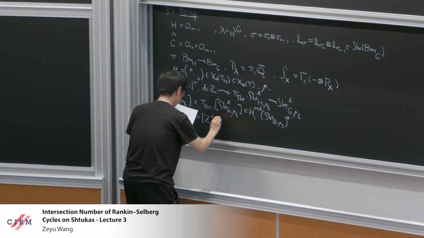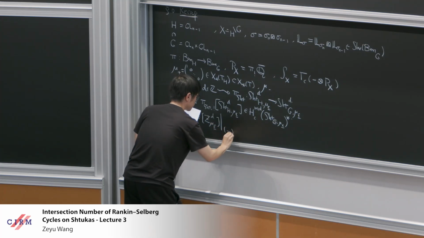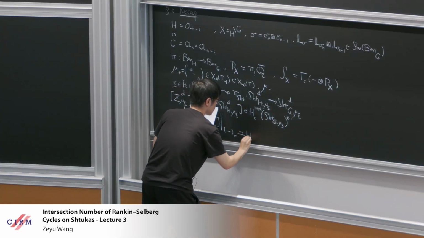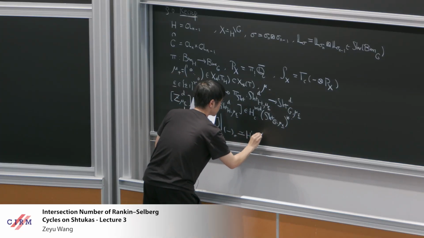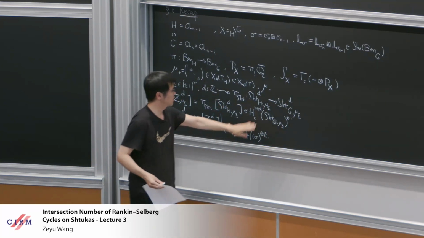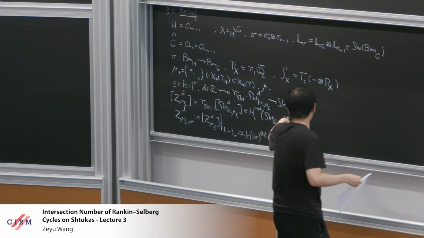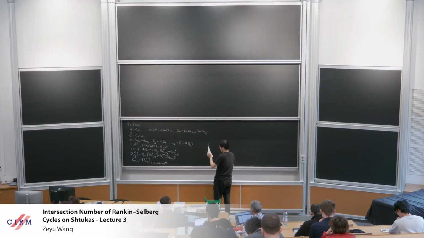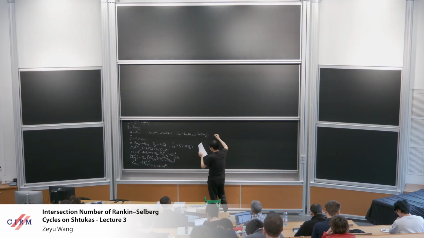You can restrict it to the sigma isotypic part, which is isomorphic to the cohomology of the local system tensor to some power. And here I'm just assuming these Shtuka moduli spaces are non-empty, so you're not considering something stupid.